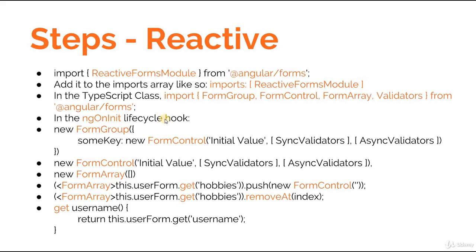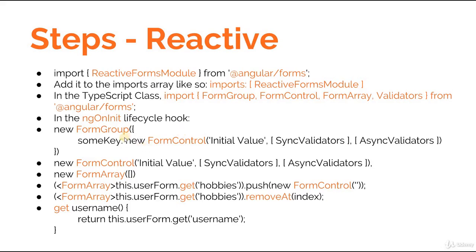So the parent of the form that we are going to create would be a form group, and each input field inside that form is going to be a form control. So a form group contains a controls object that again contains a group of form controls or other form groups.